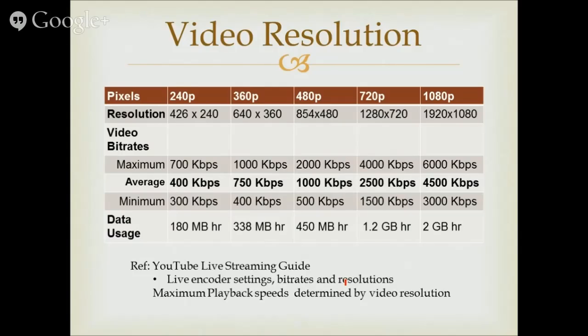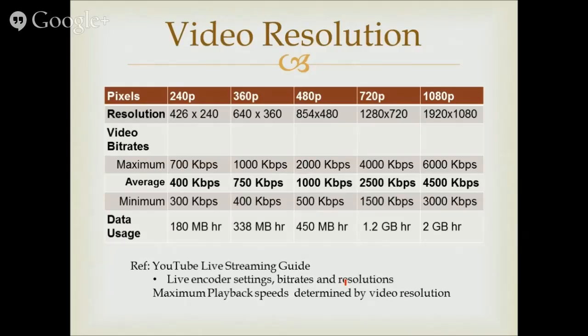At the highest possible speed with a very high speed connection, we'll utilize about 2 gigabits per hour in a 1920 by 1080 display. The reference for this is the YouTube live streaming guide, and it's the live encoder settings that list the bit rates and the resolutions.